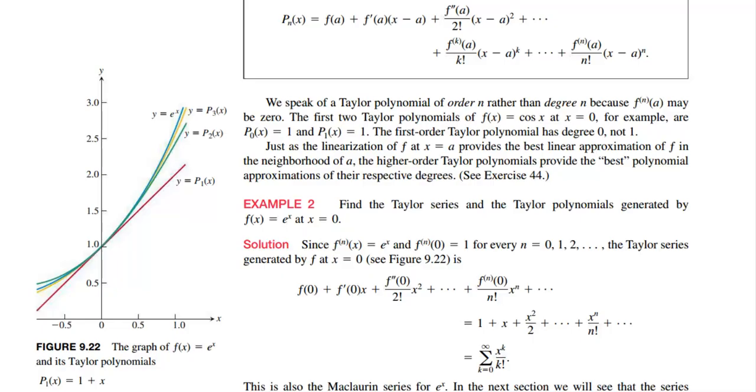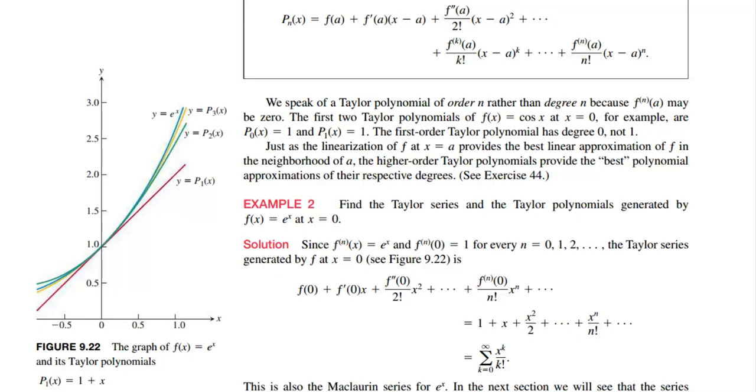Okay, for example 2, we want to find the Taylor series and the Taylor polynomials generated by f of x equals e to the x power at x equals 0. Right, all of the derivatives of e to the x are just e to the x, and the nth derivative of f at 0 is just 1 for every n equals 0, 1, 2.